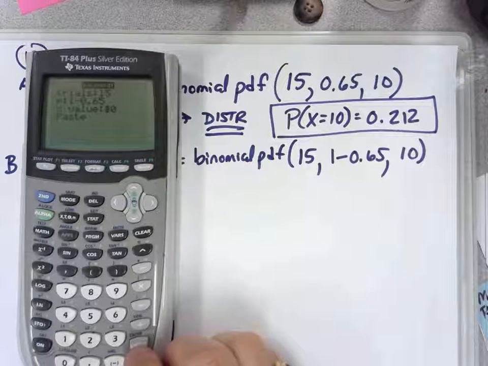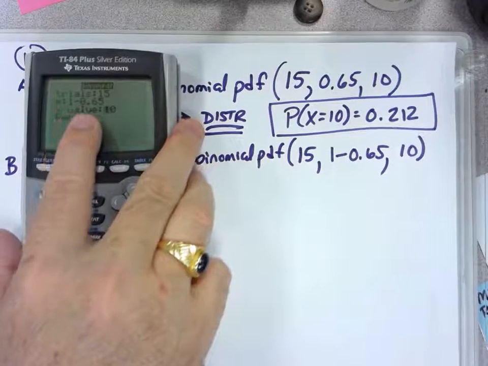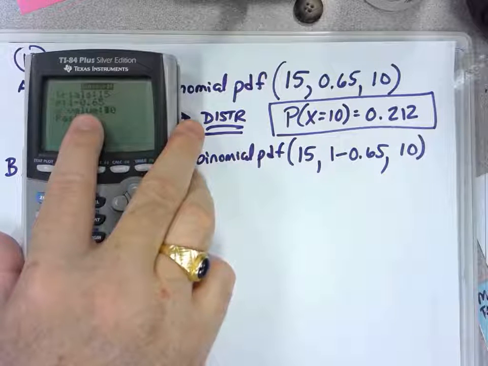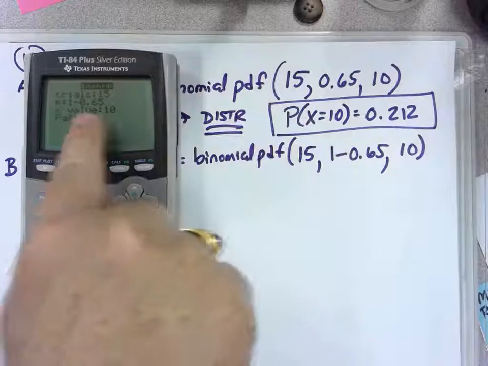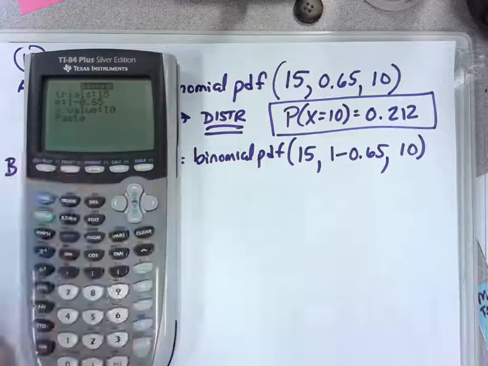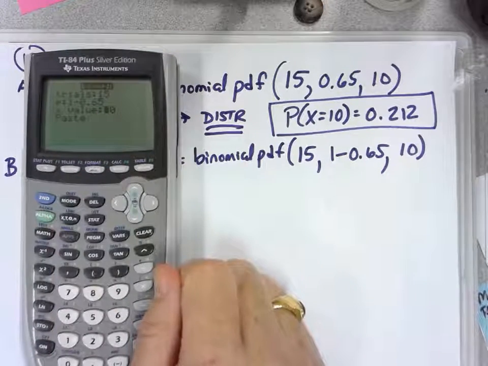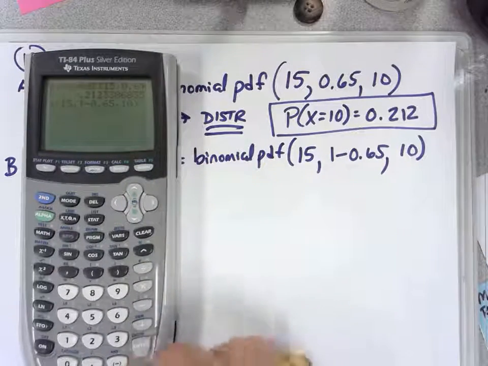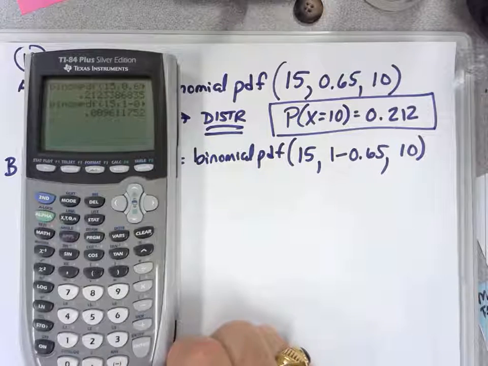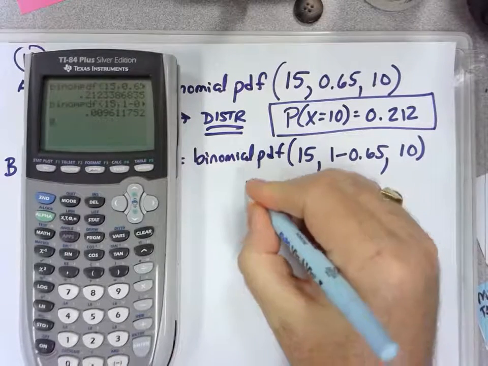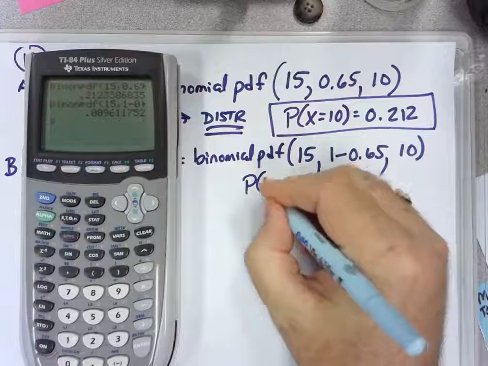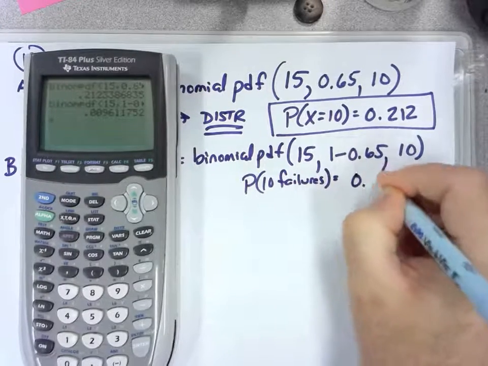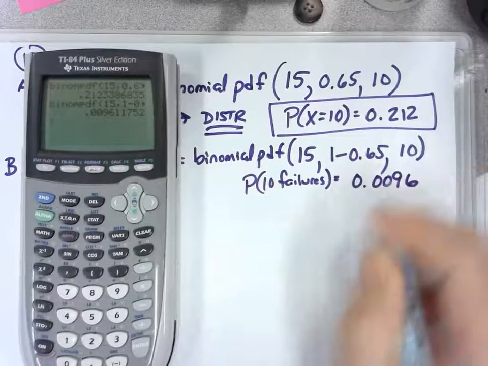And notice, it does not matter if I put 1 minus 0.65 here. It'll take it. When it goes to calculate, it's going to do the subtraction and handle it. Then I have 10 for the number of failures. I paste that and hit enter. 0.0, and so the probability of 10 failures is 0.0096.